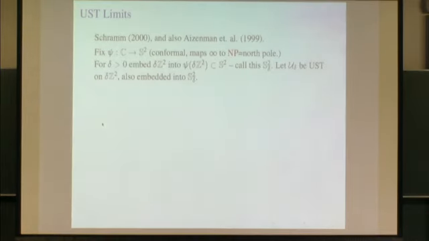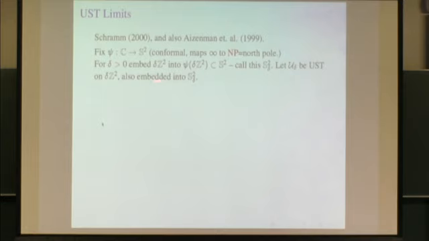Now I want to go on and talk about scaling limits of the uniform spanning tree. I'm going to give you a fair amount of history from Schramm's paper of 2000. Being a complex analyst, Schramm started off by taking a conformal map from R2, or the complex plane, into S2, mapping infinity to the North Pole.